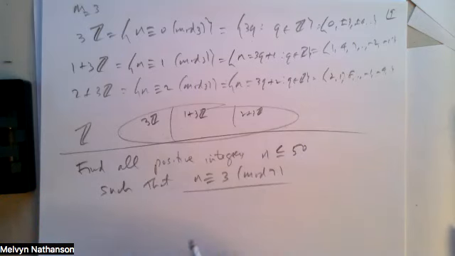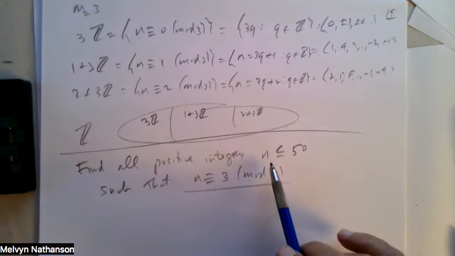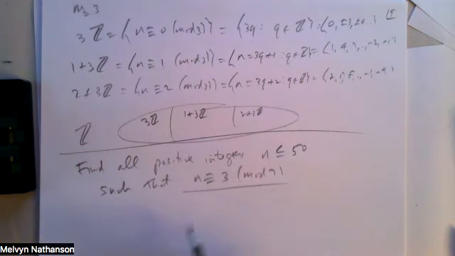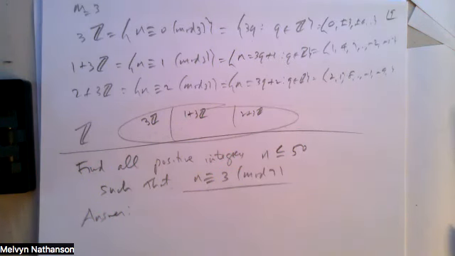So what's the answer? What's the smallest number up to 50 that's congruent to 3 mod 7? Is 0 congruent to 3 mod 7? Is 20 congruent to 3 mod 7?